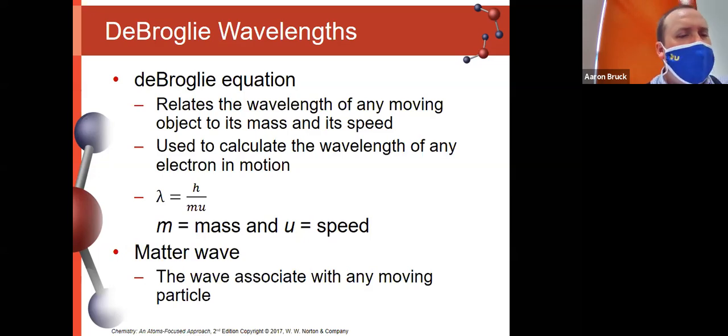And so the de Broglie equation tells us what the wavelength is relative to an object's mass and an object's speed. The wavelength of any particle is equal to Planck's constant h divided by its mass in kilograms and its speed in meters per second.